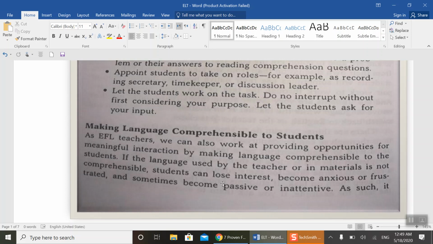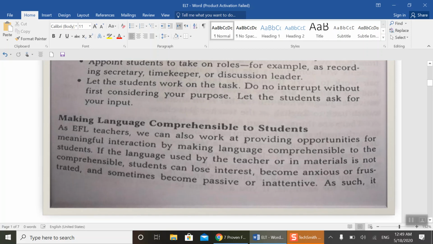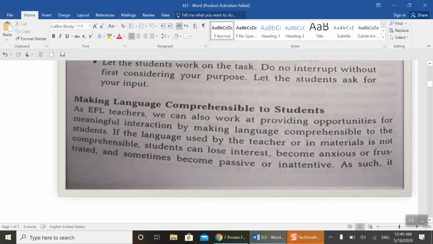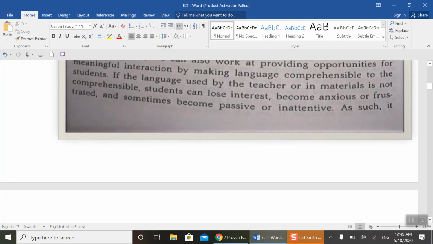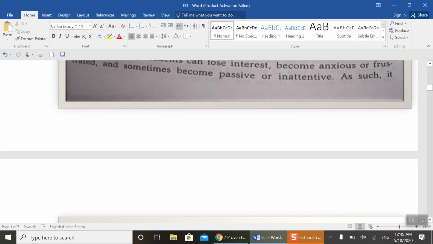So students can lose interest, become anxious or frustrated, and sometimes become passive or inattentive.